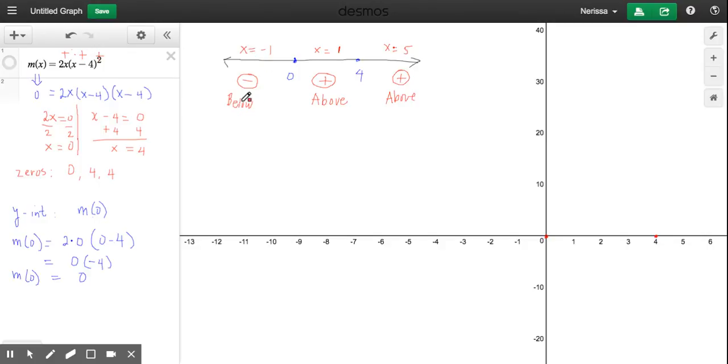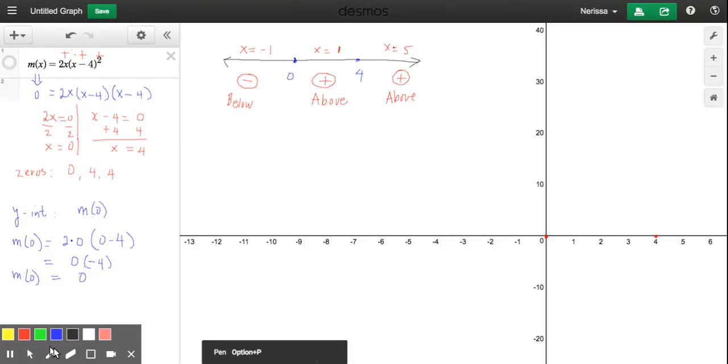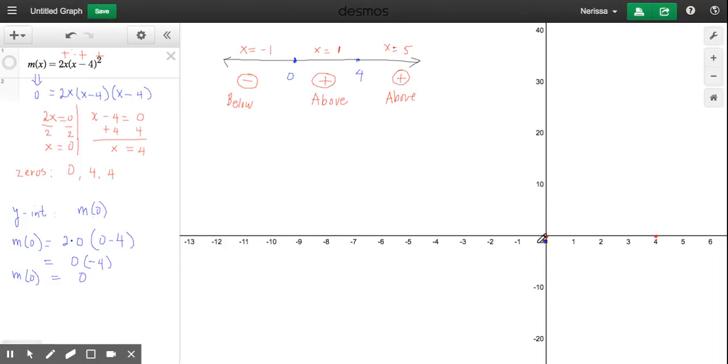So on the left side of 0, the graph is below the x-axis. Okay, let me use blue. It's below the x-axis, so it's coming from below. It's gonna go up so that it will touch the intercept 0.